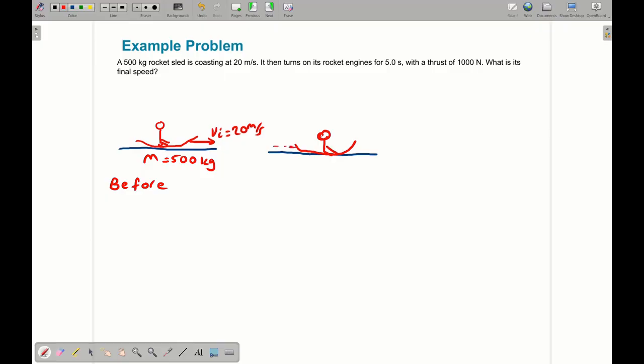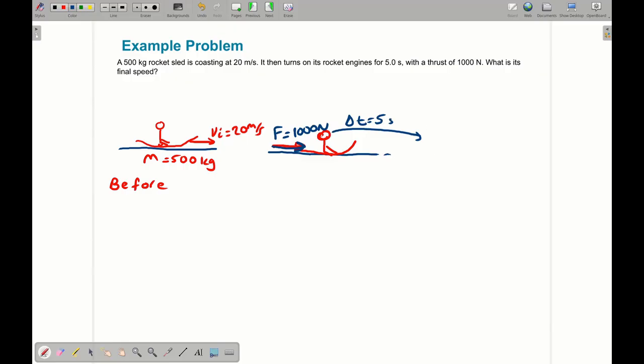So I fire my rocket and that applies a force on me. Let me use a different color here for the force. That will be the thrust force. I'll call it F, the thrust force by the rocket, and that's 1,000 Newtons. And I apply that force for an amount of time that is 5 seconds.